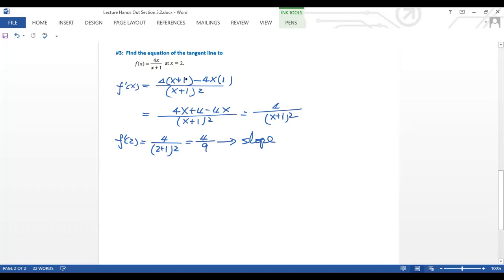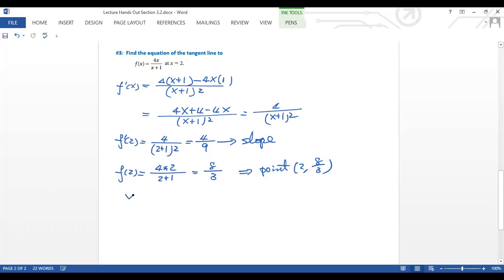In order to get a line, what next do we need? We need a point. So let's put the 2 in the function. So here, this is 4 times 2 over 2 plus 1, right? So what is here? 8/3. Okay. So what is my point here? My point is (2, 8/3). So I use the slope and the one point.